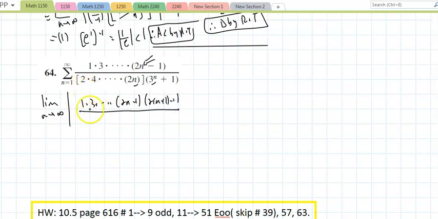And the denominator will be 2 times 4 times 2n times the next term, which is if you put an n plus 1 in there, times 3 to the n plus 1 plus 1. And I'm going to divide that, so I'm going to multiply by the reciprocal. A bit lengthy. But this is called binomial expansion, something we need in the second half of this chapter.